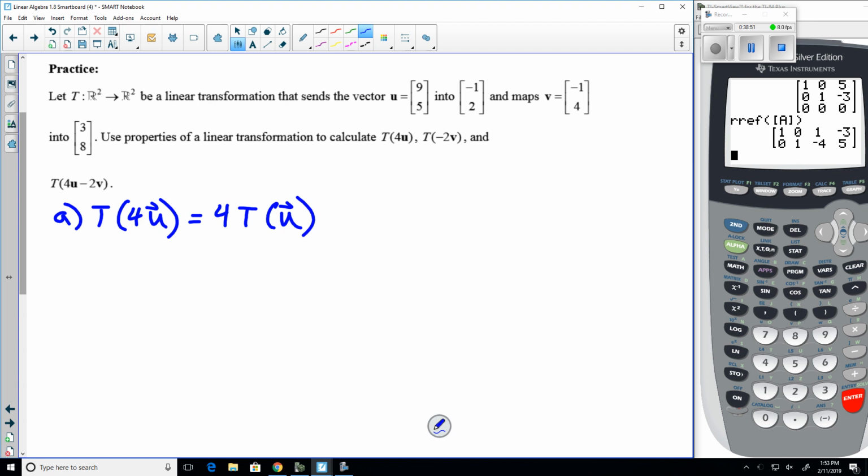Sometimes I forget. And I know what T of u is. What is T of u? Negative 1, 2. It tells us that it maps u to this vector, so that's T of u right there. So this is 4 times negative 1, 2.